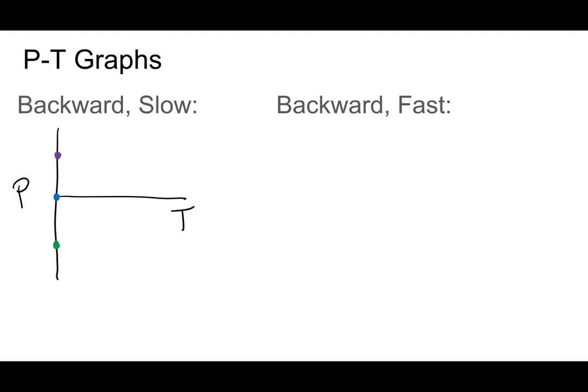Now, if I'm going backward, then that means I'm going towards the tree. So now these PT graphs are going to slope downward because we have to approach the tree. So for the purple, remember, slow means shallow.